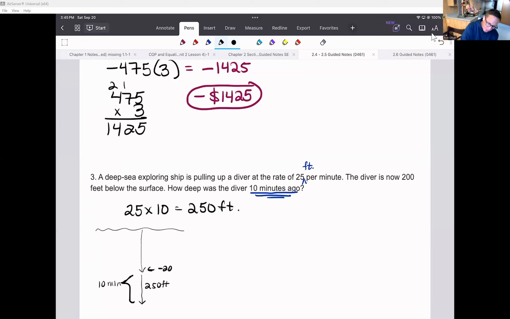So this is minus 200. Basically, what was the diver at originally? You can just add those. So think of it as negative 200 plus negative 250, which is negative 450 feet, if that makes any sense.